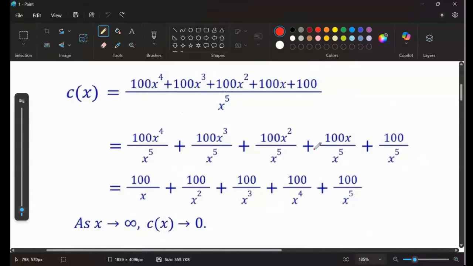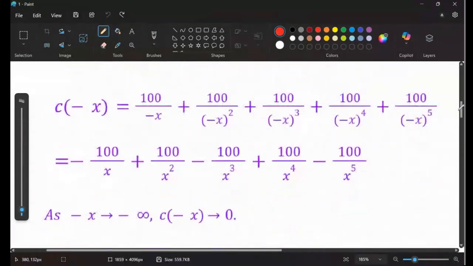So if we just do some basic fraction manipulation here, we get to a point where we can see that the denominators are definitely going to grow faster. And so we see as x goes to infinity, c goes to 0, proving that this term is more powerful than all the others at high values of x.